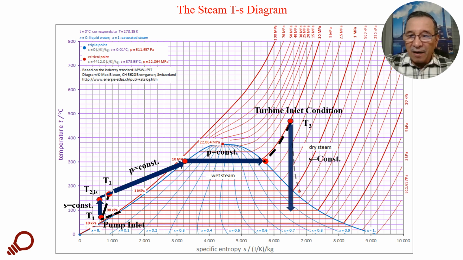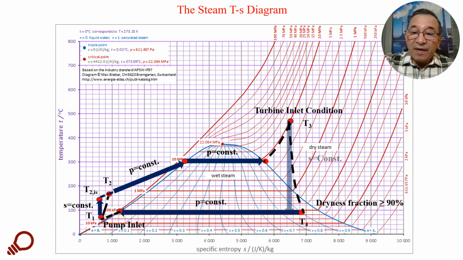But in practice, it will follow the curve, the black dotted line, with a value of dryness fraction greater than 90%. That means at the exit of the turbine, part of it is liquid and the rest is vapor.